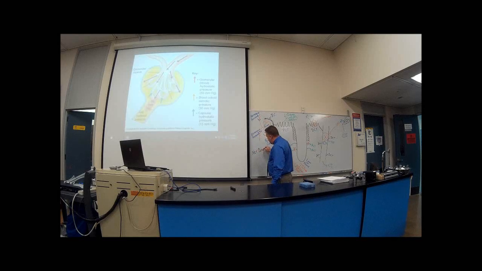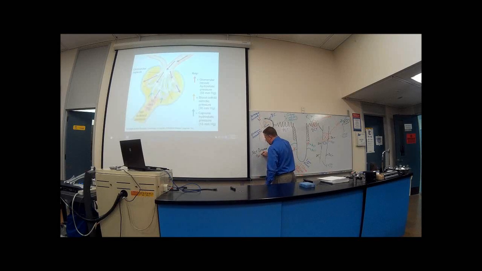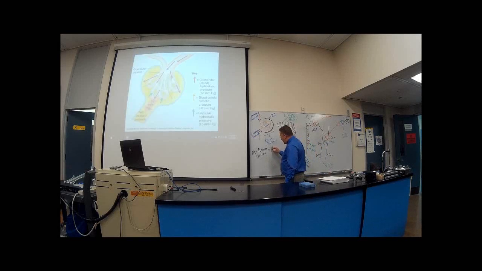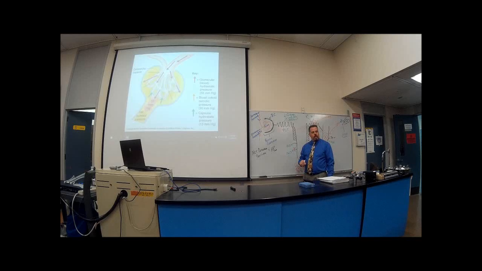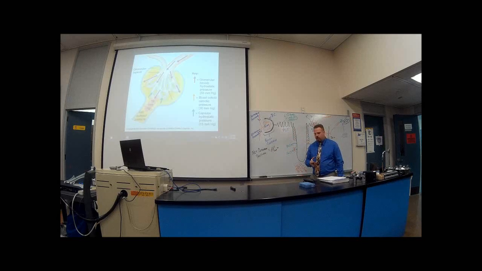The net outward pressure that's going to go into the nephron is going to be hydrostatic pressure from the capillary, because that's the only one that's going to be pushing it out there, minus whatever forces are pushing it back in: the hydrostatic pressure of Bowman's capsule plus the oncotic pressure of the capillary.